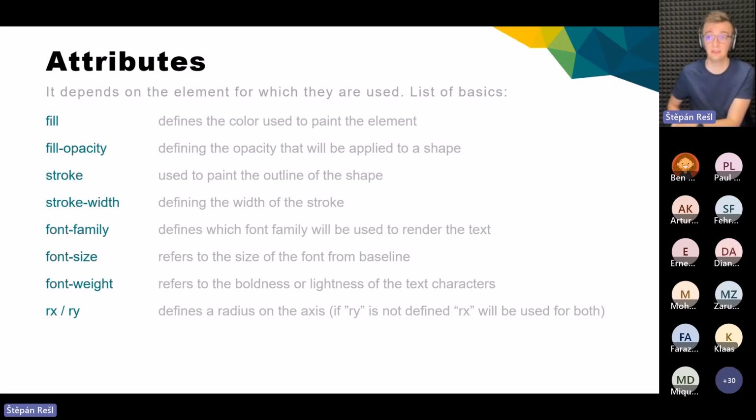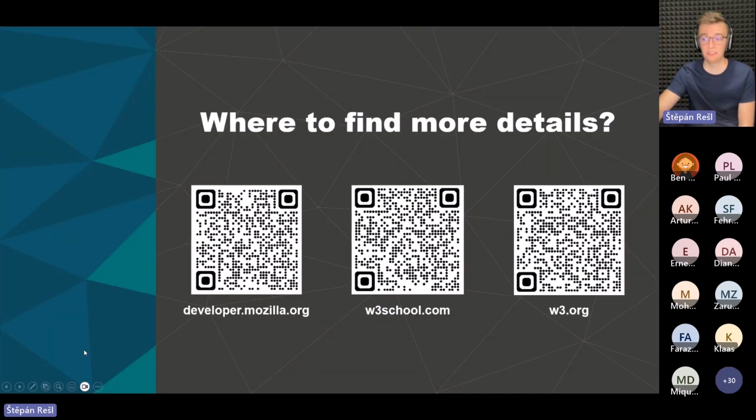And where to find all of them? That's actually a very good question. All of them, or more details about the SVGs, you can find on any of these free websites.